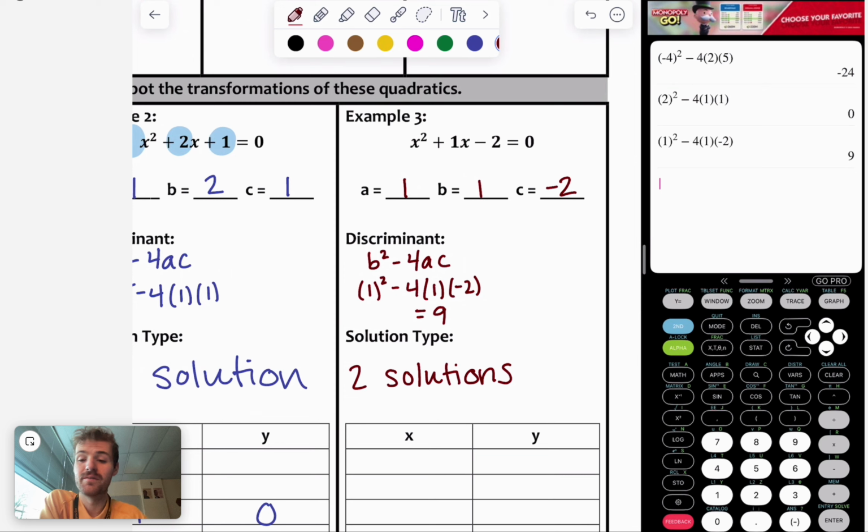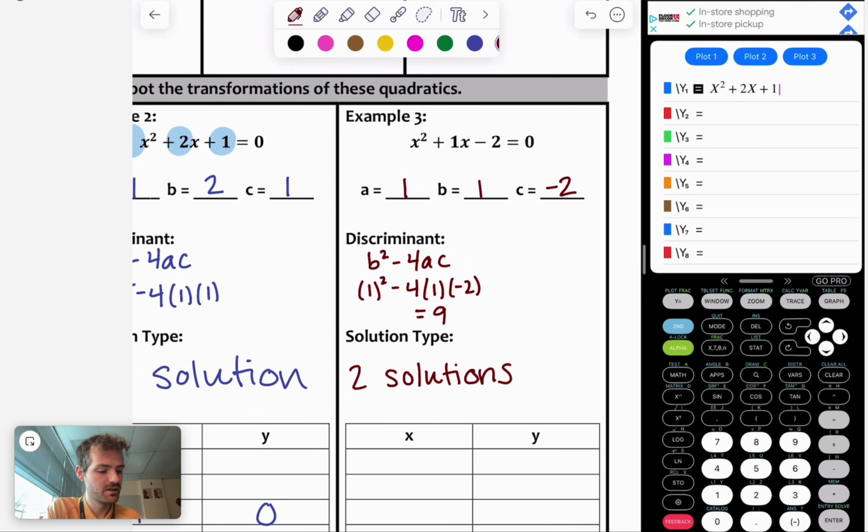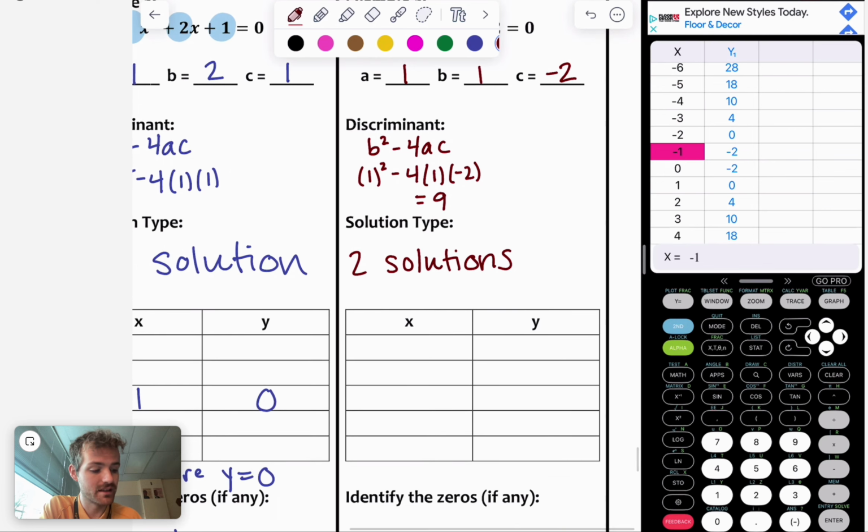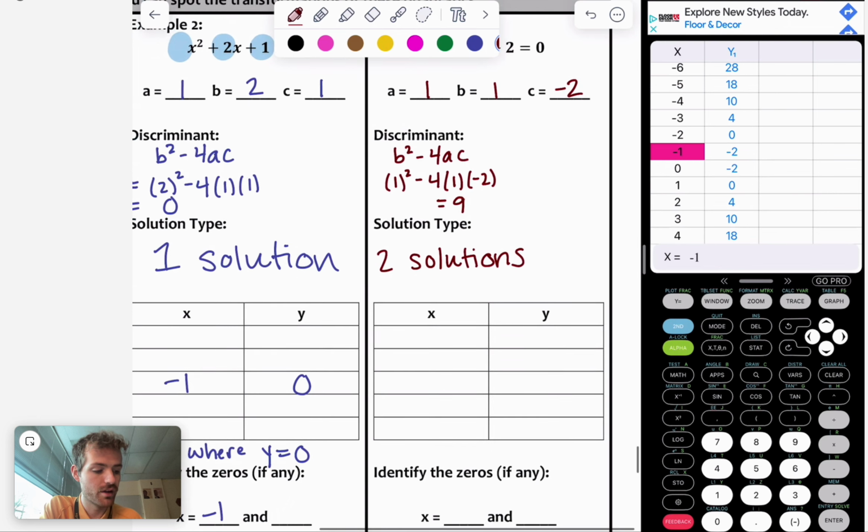And now, once we figured out how many we should have, let's go back to our y equals and type this equation in. X squared plus 1x minus 2. Second graph to pull up the table. Because there are 2 solutions, I should be looking for 2 places where that 0 shows up for the y.